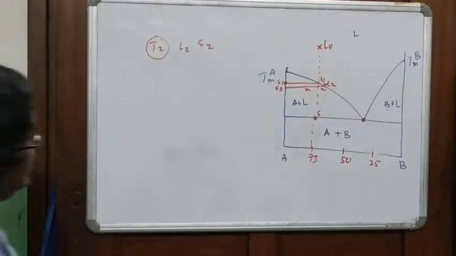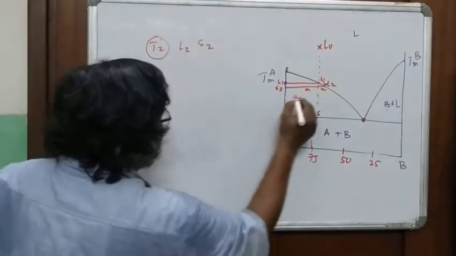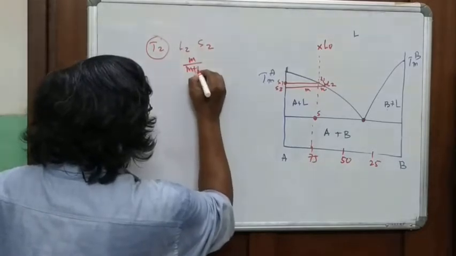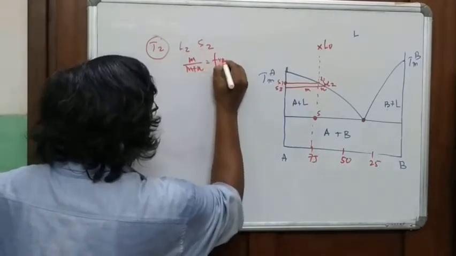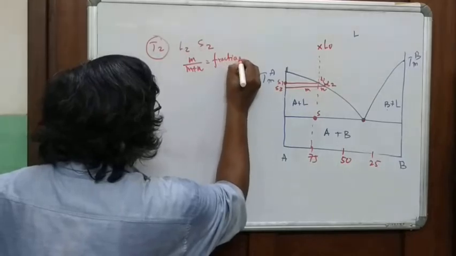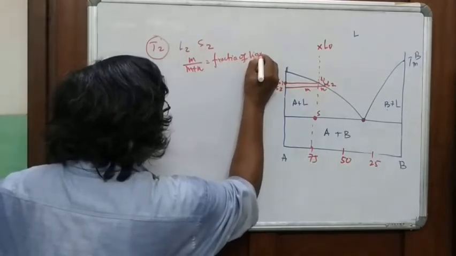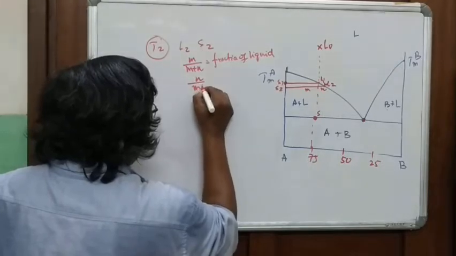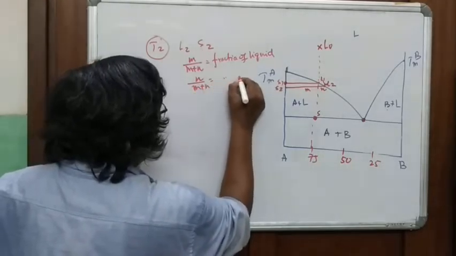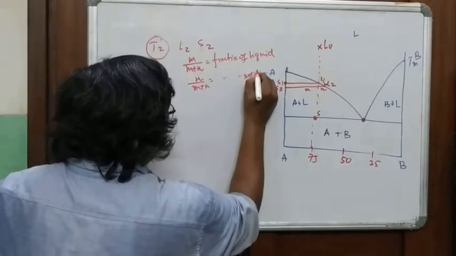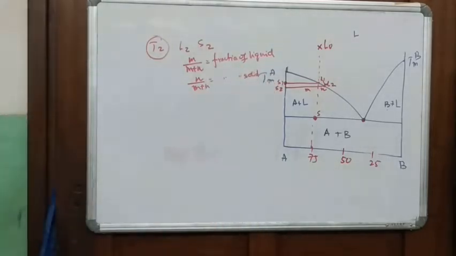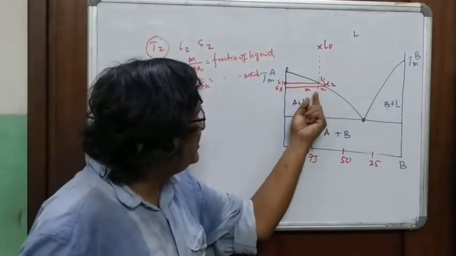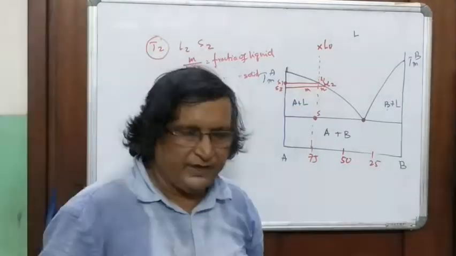You can see here, the fraction of the liquid is M divided by M plus N, and N divided by M plus N is the fraction of solid. So at T2, with L2 and S2, N divided by M plus N is the fraction of the solid.